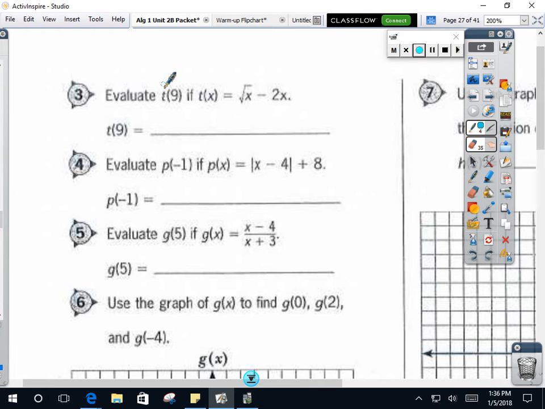See how it says evaluate t of 9? Well, isn't 9 just sitting in the place of x? So that means 9 is our input. 9 is our x value. So we take this function and we rewrite it, but instead of the x's, we're told to input a 9 in their place. Now just type that in the calculator and you'll know what t of 9 equals.